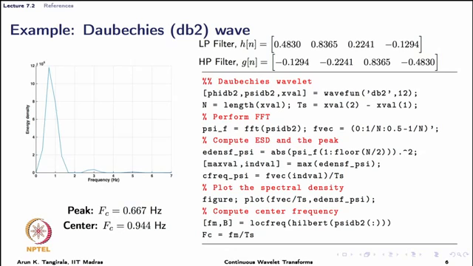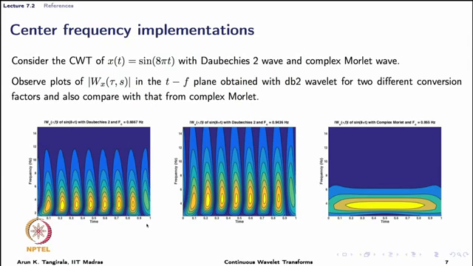Of course, by theoretical definition and the discussions that we had at the beginning of this lecture, we know the center frequency is a more appropriate conversion factor for scale to frequency. But let us look at an example where we follow the second method, that is, I take a sine wave of known frequency, compute its CWT with Daubechies 2 wave and a complex Morlet wave.